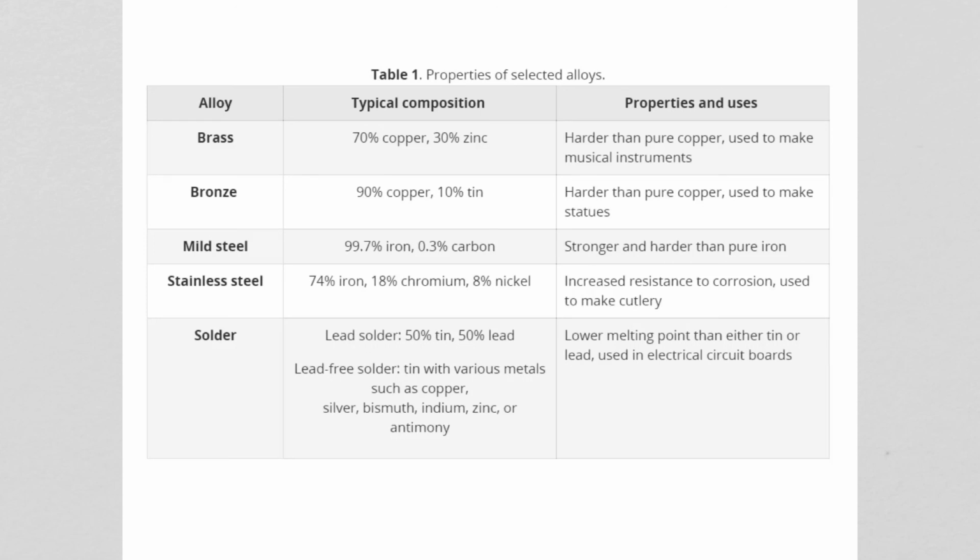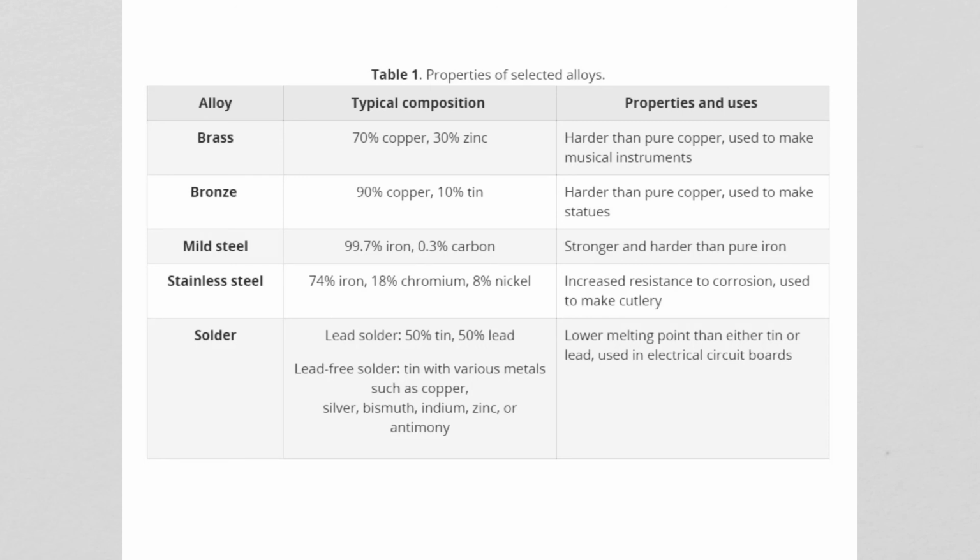And then solder is used to lower the melting points of metals to be able to fuse two things together. Lead solder is 50% tin and 50% lead. We tend not to use that as much because lead is a neurotoxin, a heavy metal. Lead-free solder is a mixture of tin with a variety of other metals like copper, silver, bismuth, indium, zinc, or antimony.